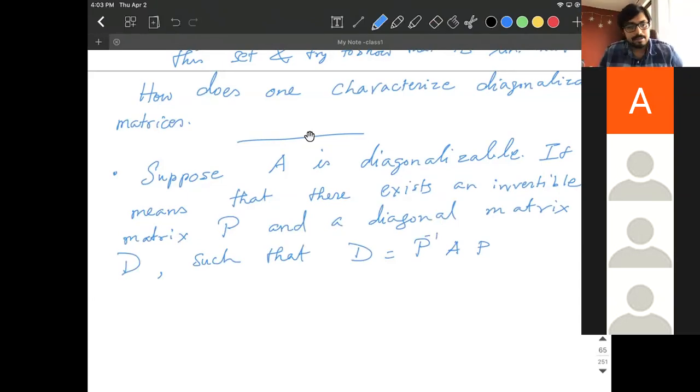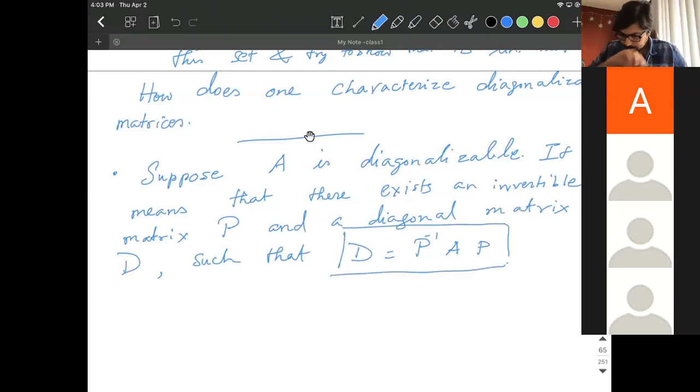That's the relation of being diagonalizable. Now let's investigate this relation a little bit more.